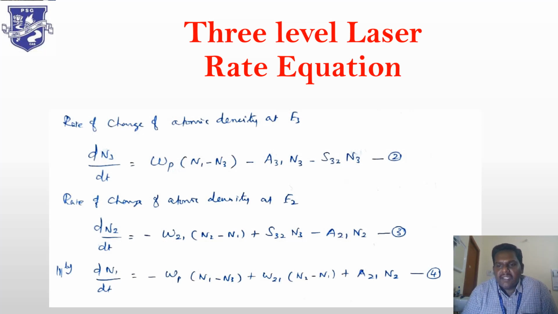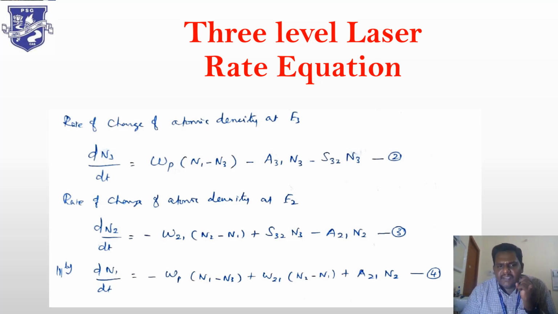It is denoted by the combination of three terms. These three terms are a representation of the transitions that happen in the E3 state, from E3 to E2 and E3 to E1.